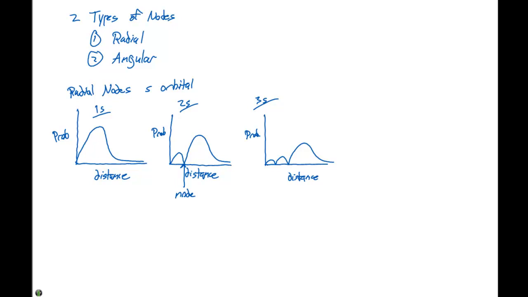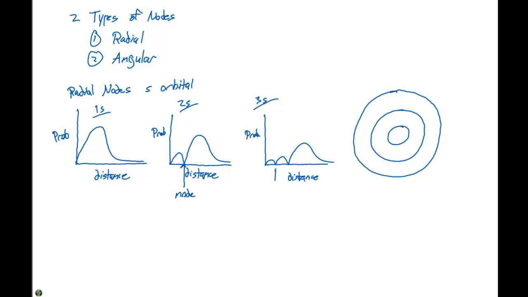We also have angular nodes. And actually, before we get on to that, if we look at a picture of our various s orbitals, the 1s, the 2s, and the 3s, these 2 radial nodes will correspond to these lines right here in the 3s orbital.